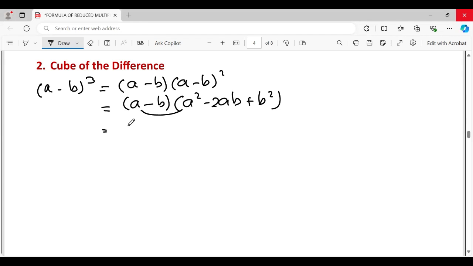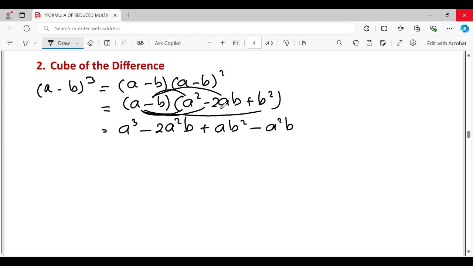Multiply a squared, a cubed, multiplied by minus 2ab, minus 2a squared b, and next plus ab squared. Then minus a squared b, minus b multiplied by minus 2ab becomes plus 2ab squared, minus b multiplied by plus b squared is minus b cubed.